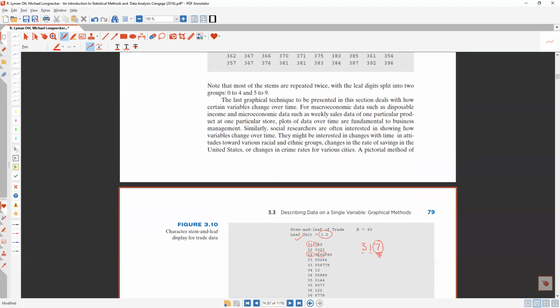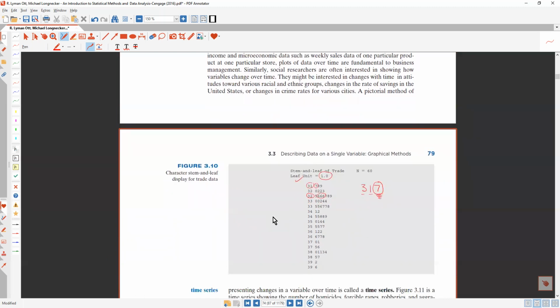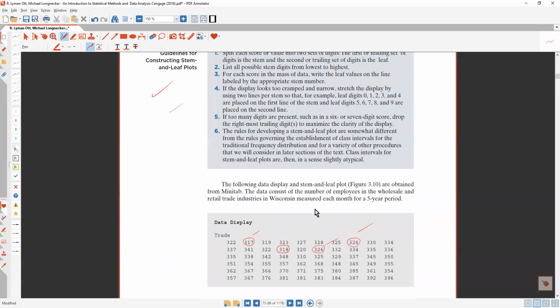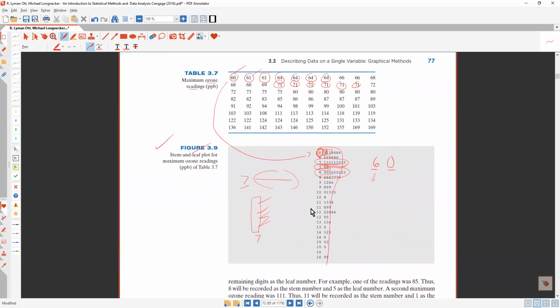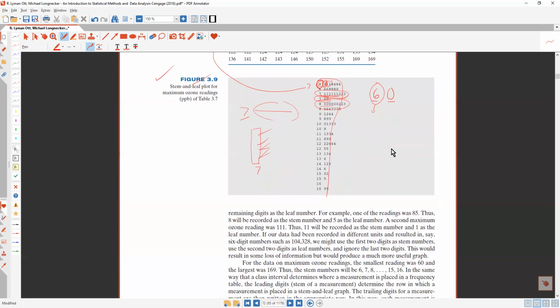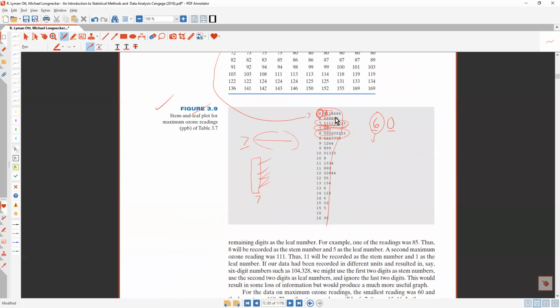That's why I said that stem and leaf plots will be a little bit different depending on the data set. Over here, we had the same idea, but we had 61. You can just read the 6 and the 1 off there. Whereas here, there's only the 1 position, only the 10th position here. There's the unit.